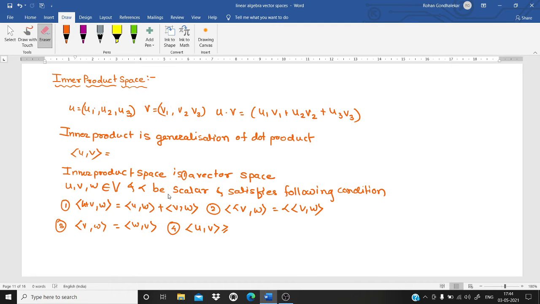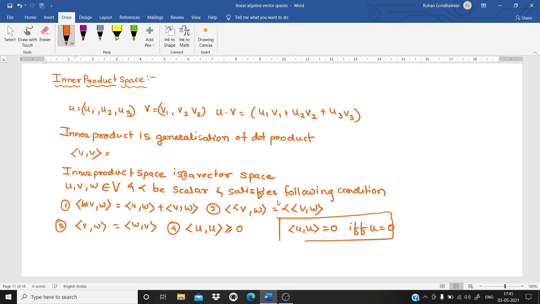The inner product of a vector with itself: the inner product of u with u, of v with v, of w with w, any vector you select and take its inner product with itself, should be greater than or equal to 0. And the inner product of u with u is 0 if and only if u equals 0. This is very important. Fine.